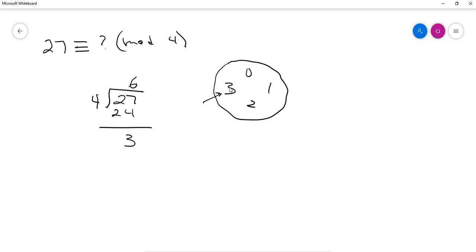So when I counted to 27, I ended up on a 3. That's what the remainder told us. The remainder of dividing these two numbers, this divided by this, tells us where we're at on the clock.